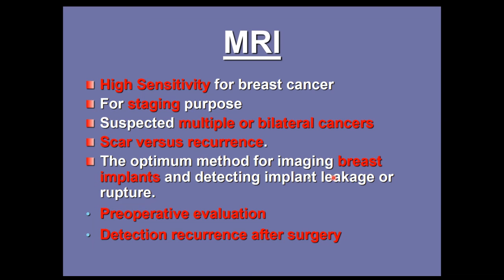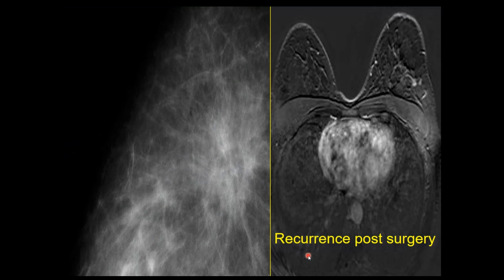MRI is the optimum method for imaging breast implants and detecting implant leakage, preoperative evaluation, and detection of recurrence after surgery. So you can see here that there is recurrence after the surgery. This area appears like a radiopaque mass with architectural distortion, but this is very difficult to assess on the image.